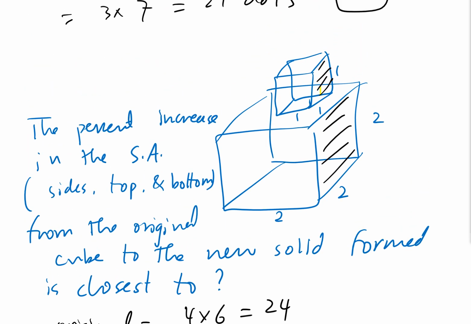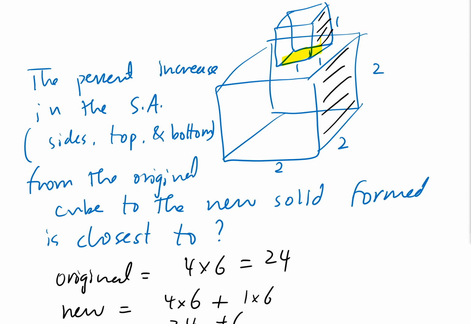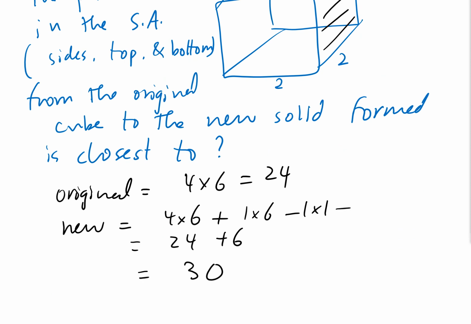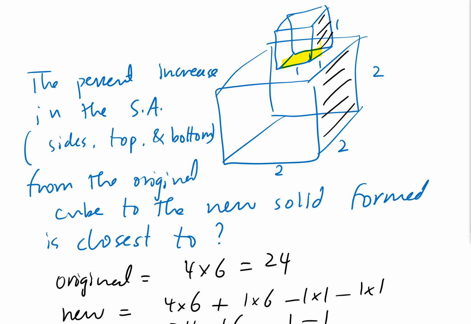This piece is counted twice, so we have to remove that. That part is hidden now. So minus 1 times 1 and minus 1 times 1 again. Minus 2, that's 28. So that's the new one. Any more? That looks good.